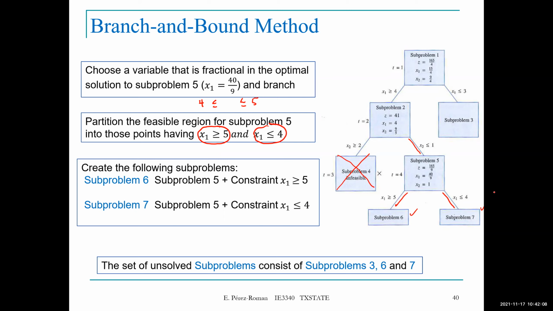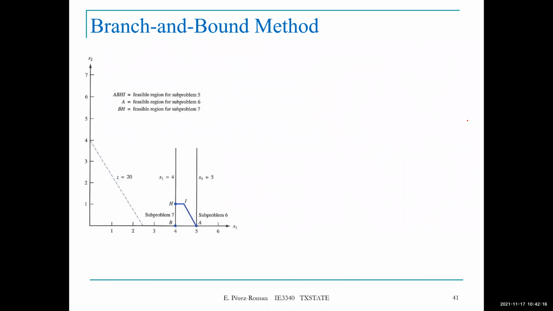And the set of unsolved subproblems are still this one, and this one. So by adding x1 less than or equal to 4, we are adding this constraint, and we are adding this constraint, x1 greater or equal to 5. We're splitting this subproblem into two new subproblems.